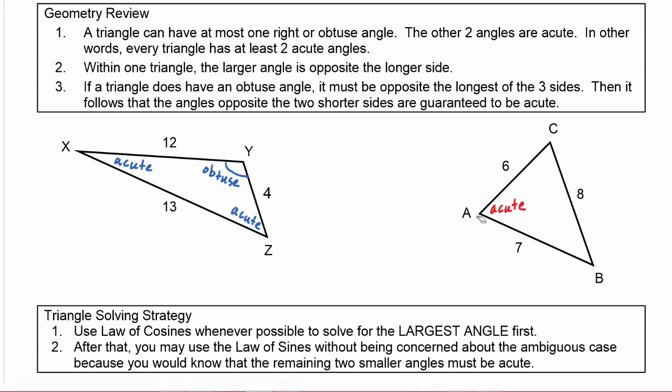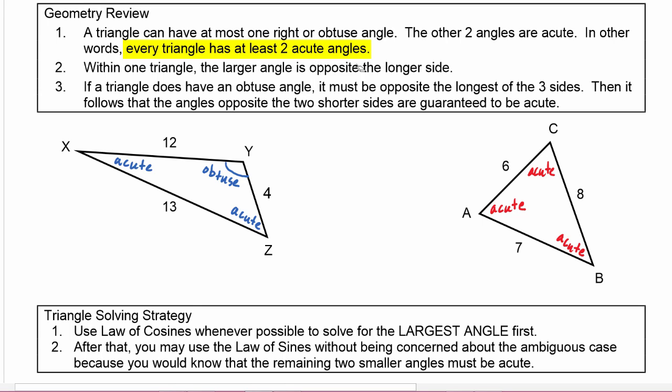Then the angles that are opposite the two shorter sides also must be acute. So this triangle happened to have 3 acute angles, where this one had 2, and that's what this sentence is saying, where it says every triangle has at least 2 acute angles.